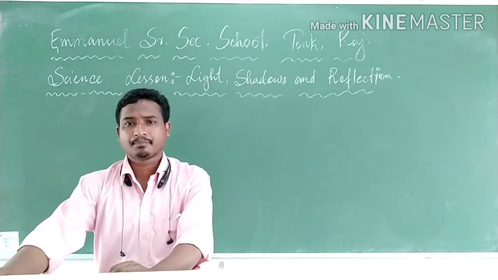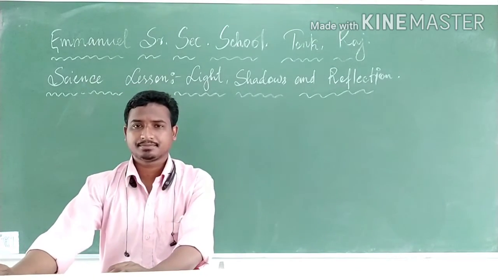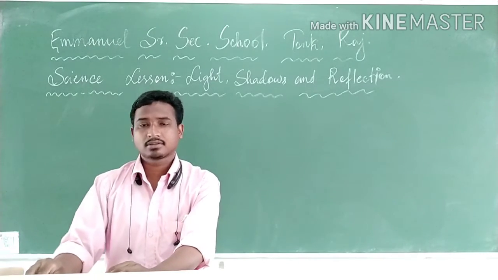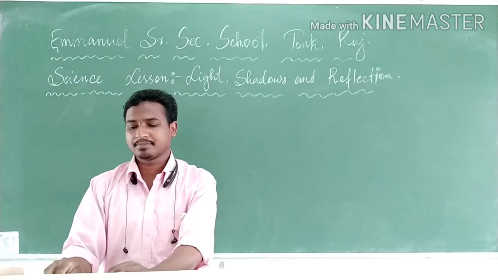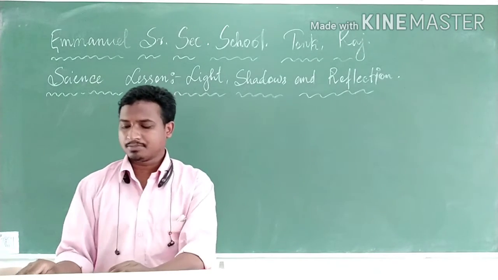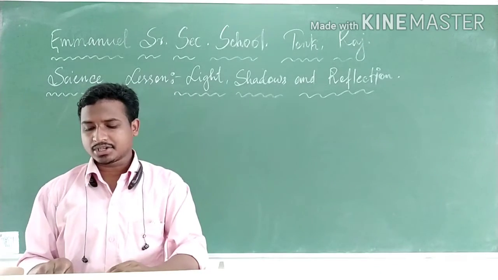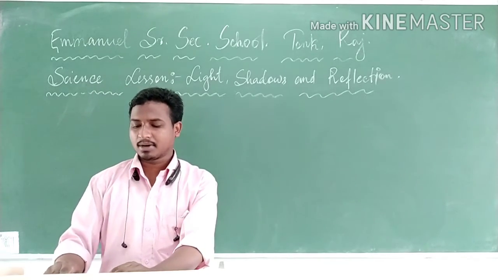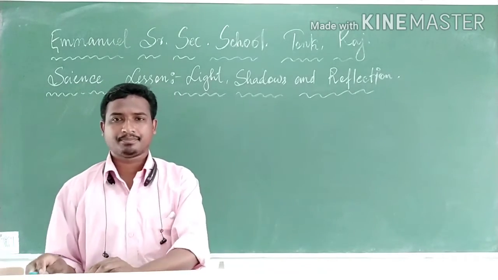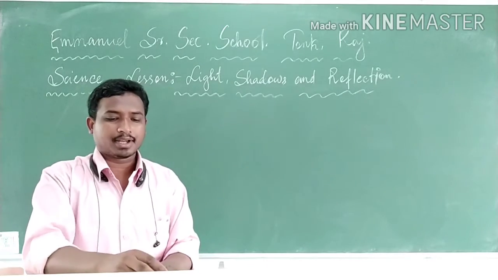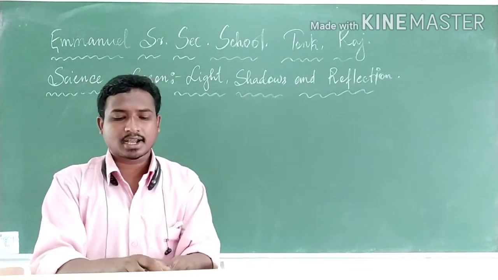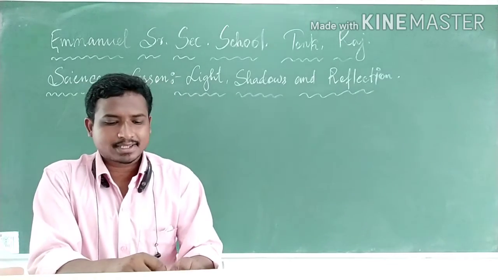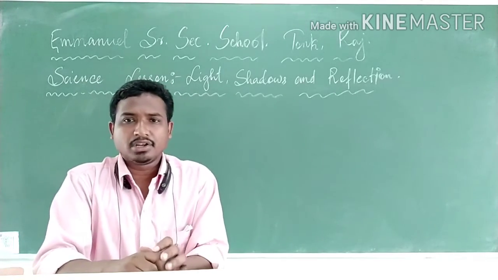Students, see in your book, source of light. Now you can ask, what gives us light? A luminous object can emit light of its own, such as the sun, lightning, electric bulb, etc. Therefore, an object that can emit light of its own is called a luminous object.